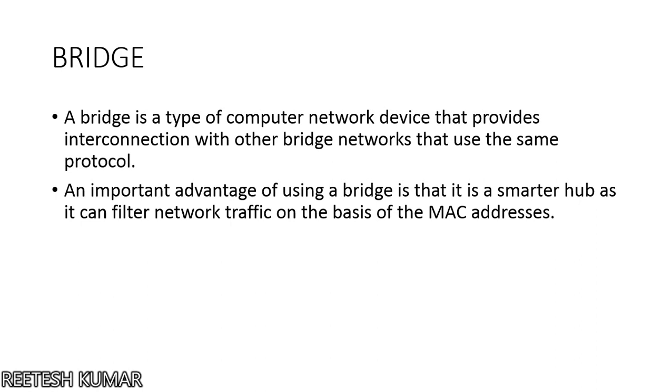That means on both sides the protocol should be the same. An important advantage of using a bridge is that it is a smarter hub, as it can filter network traffic on the basis of MAC address. So a bridge is a network device that connects two similar networks with the same protocol.